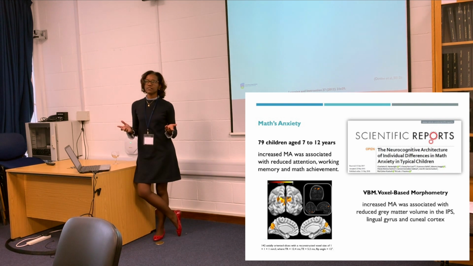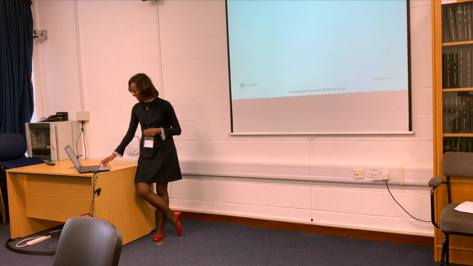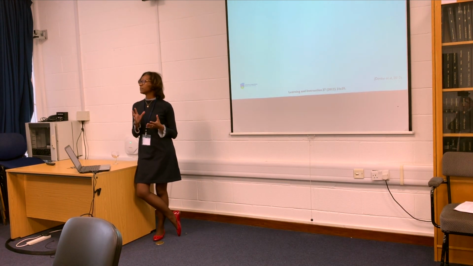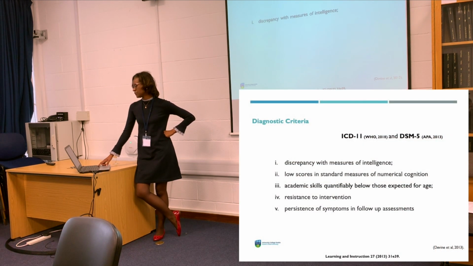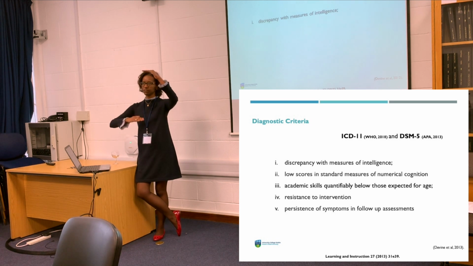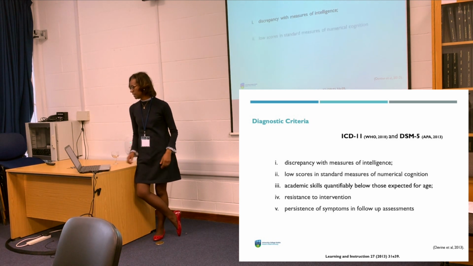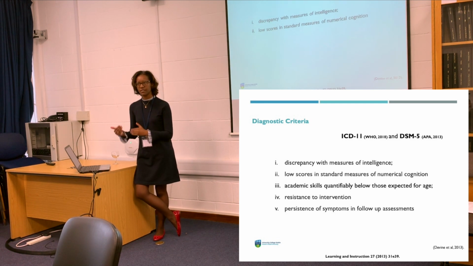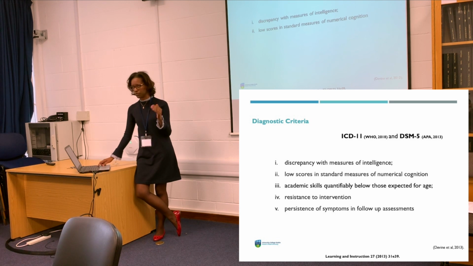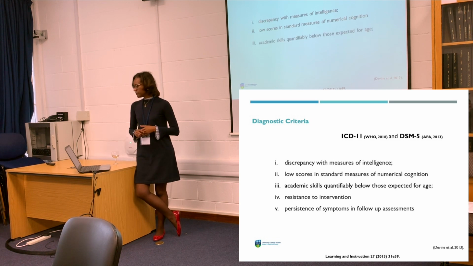As for diagnosis, how can we do that? We certainly focus on ICD-11 and DSM-5. So we have 5 key elements. They are discrepancy between measures of intelligence and maths, so it must be really discrepant. Low scores in standard measures of numerical cognition, so you really must use the standard measures and use clear cutoffs.